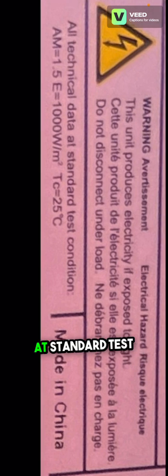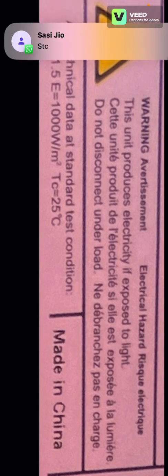Next one is what is STC condition. All technical data are at standard test condition. All these values are measured at standard test condition.